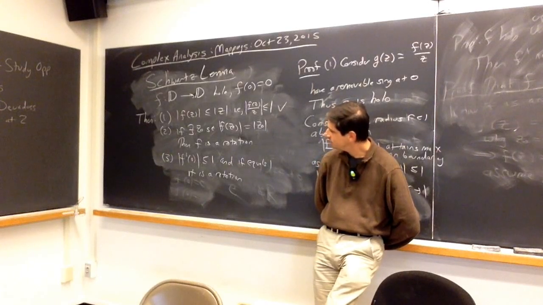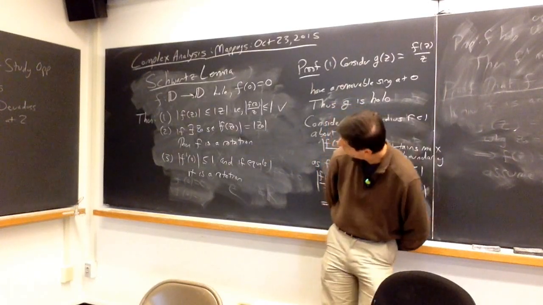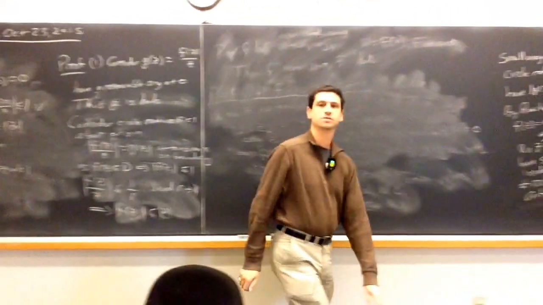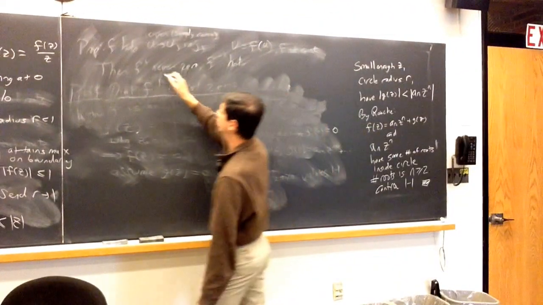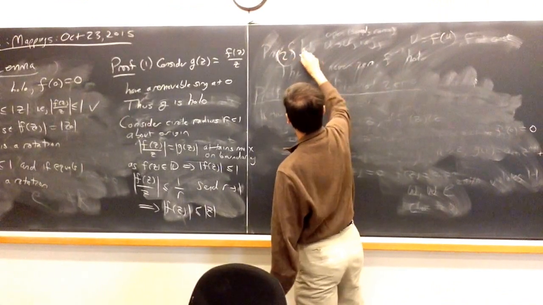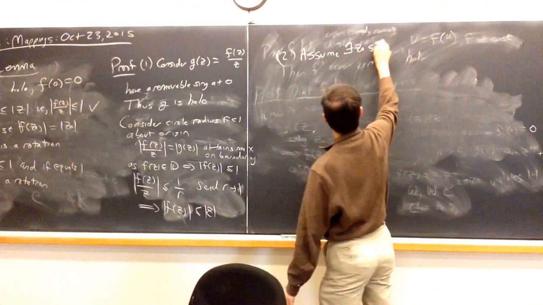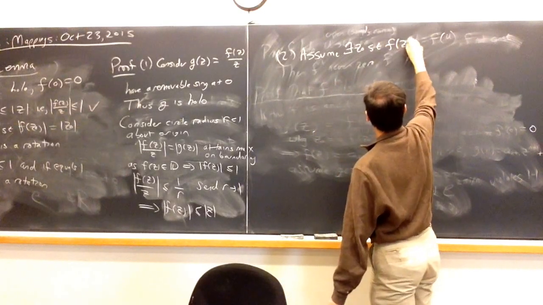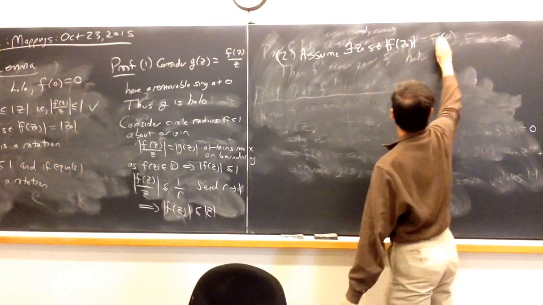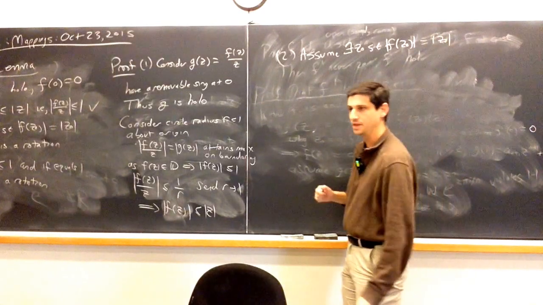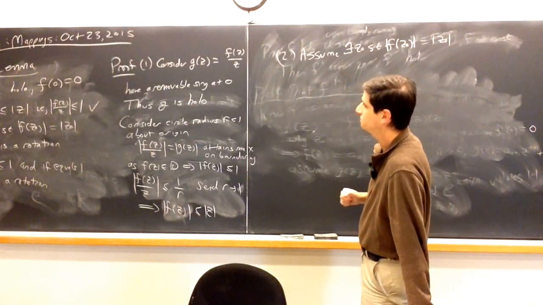So let's try to think about the second one. What would happen if there was a z such that f of z equaled z naught? So now consider 2. Assume there exists a z naught such that f of z naught equals z naught in absolute value. Do we need that it's not 0 since we're given that?